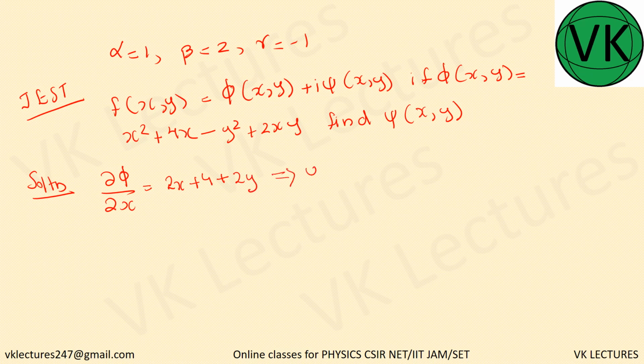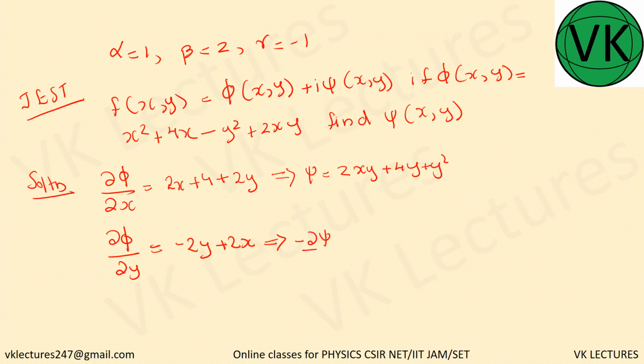Therefore, psi is equal to 2xy plus 4y plus y square, and dou phi by dou y is equal to minus 2y plus 2x, which is equal to minus dou psi by dou x, which is equal to psi, answer 2xy minus x square.